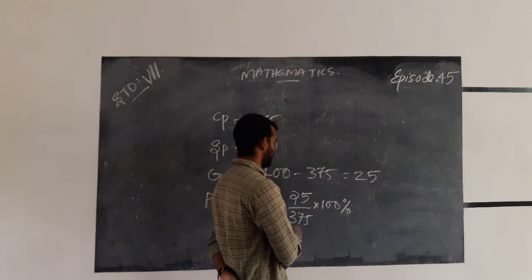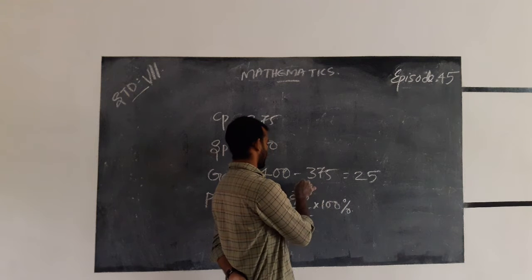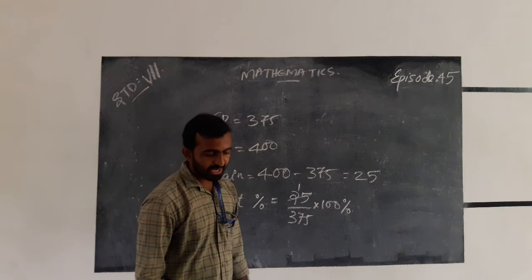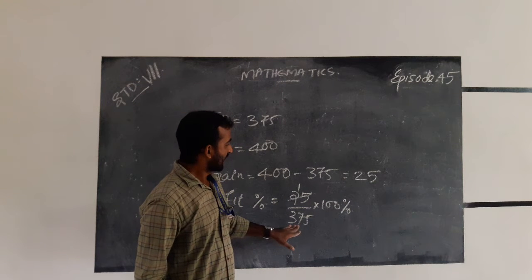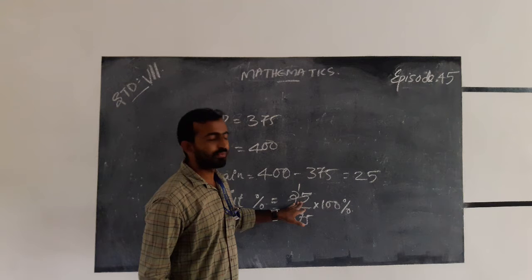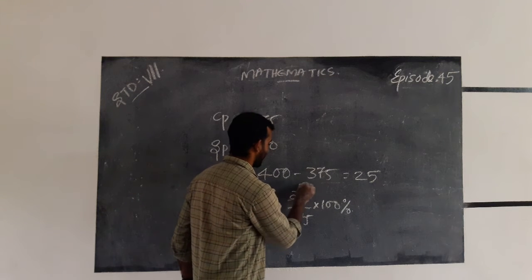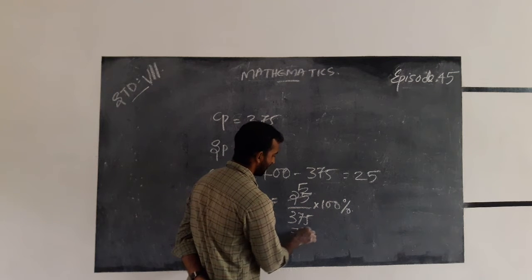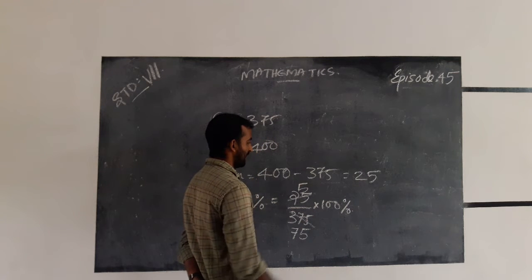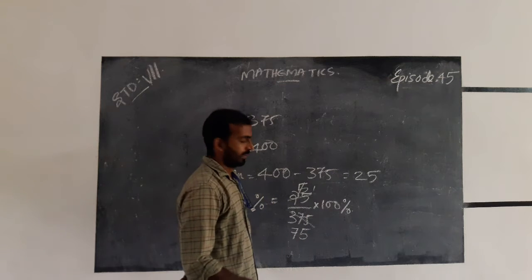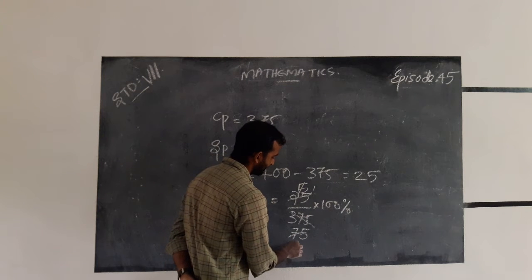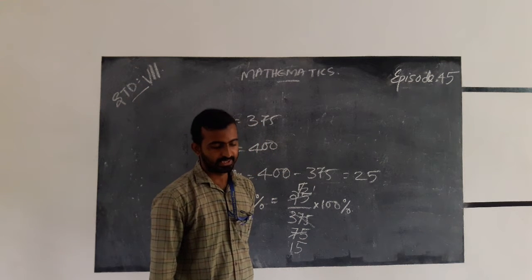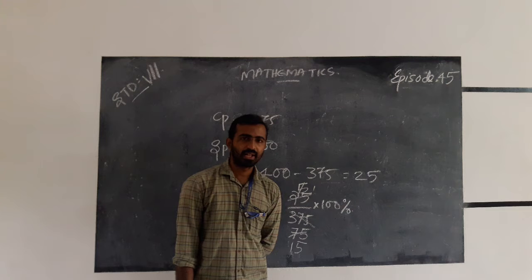We simplify this. 25 by 375, this is 1 by 15. Is it? Yes.